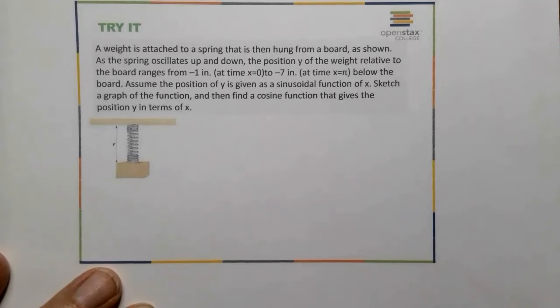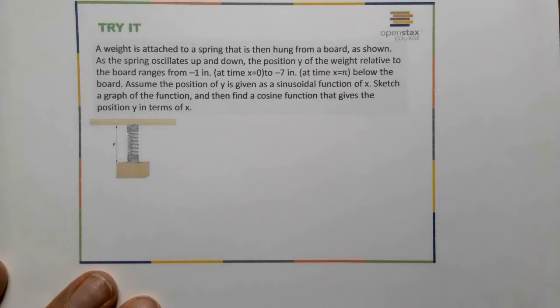And now I would like you to try this problem by yourself. It says a weight is attached to a spring that is then hung from a board as shown. As the spring oscillates up and down, the position y of the weight relative to the board ranges from -1 inch at time x equals 0 to -7 inches at time x equals pi, below the board.